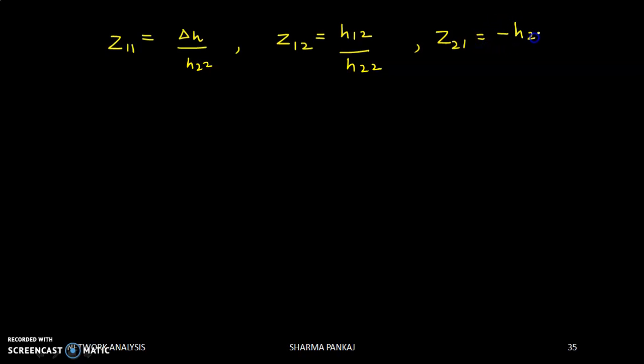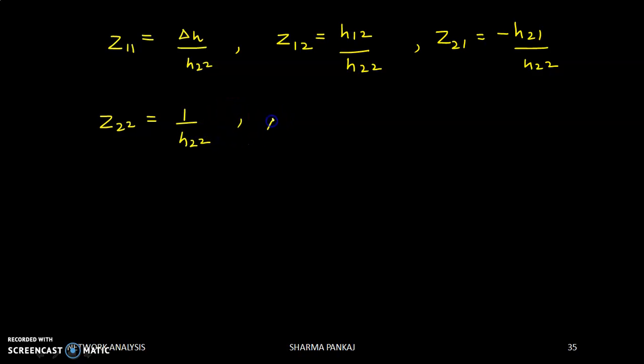Z11 is equal to delta H upon H22. Z12 is equal to H12 upon H22. Z21 equal to minus H21 upon H22. Z22 will be equal to 1 by H22.